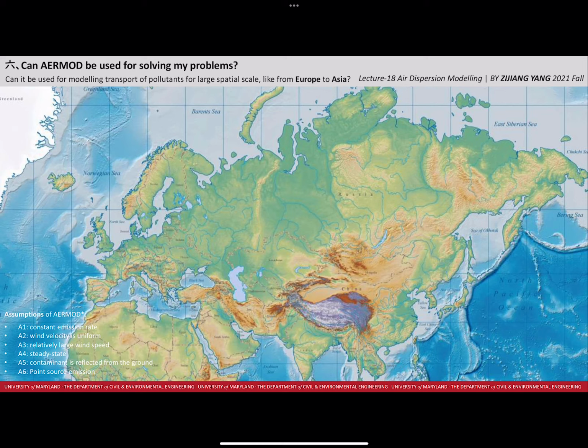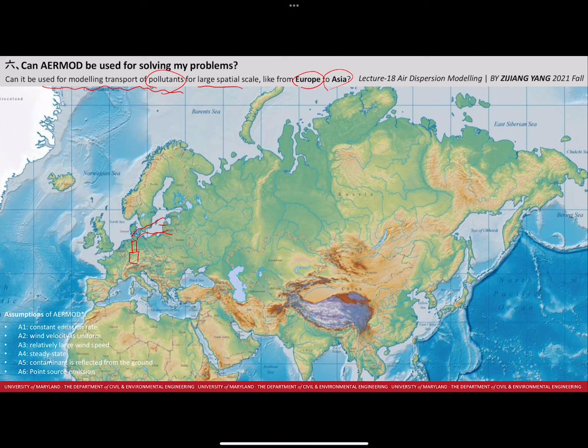Okay, so this question is, can it be used for modeling transport of pollutants on a large spatial scale, like from Europe to Asia? For example, we have a plant here, it will have emissions of pollutants.